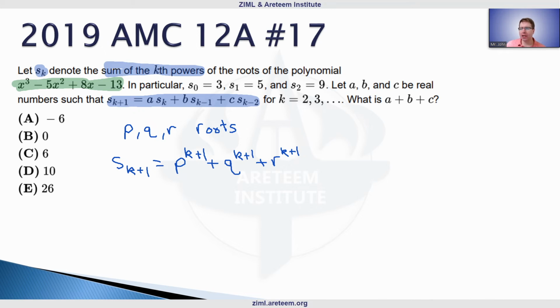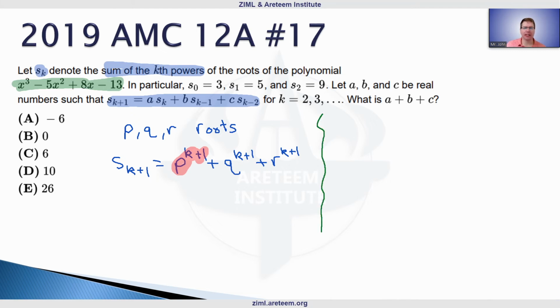So let's focus on this k plus first power of p. Whatever we do for one root is going to be the same for the other ones. But this is a good chance to review what it actually means to be a root of the polynomial.